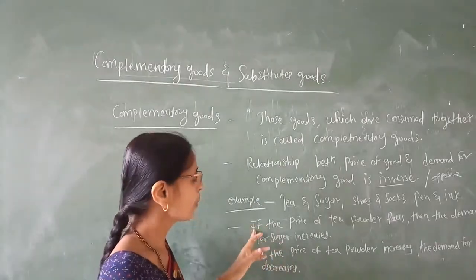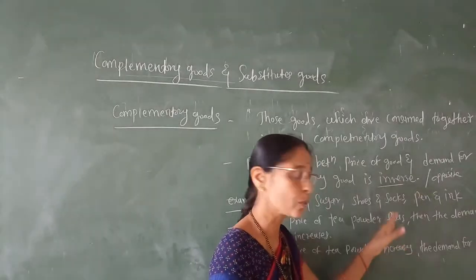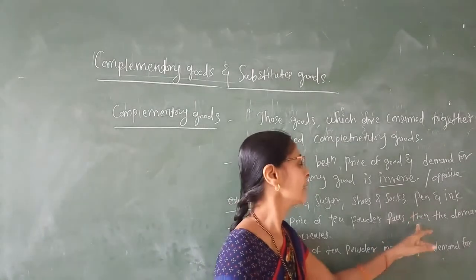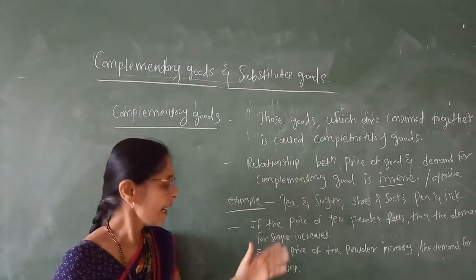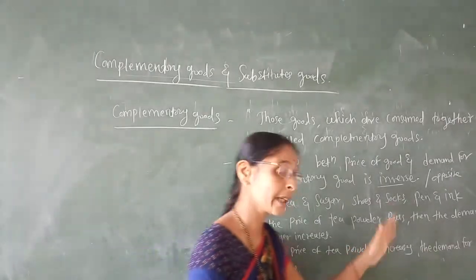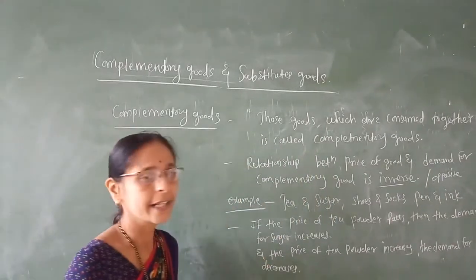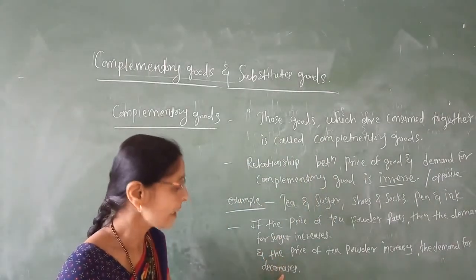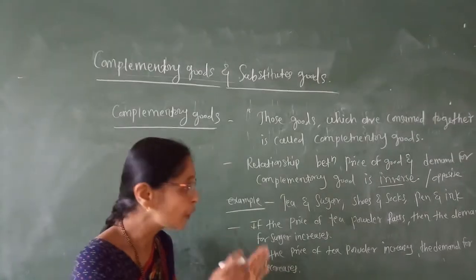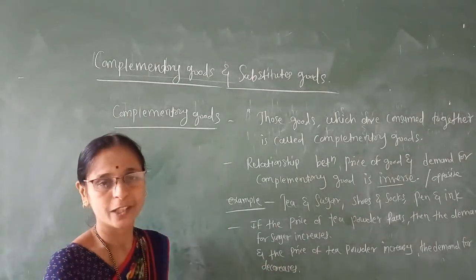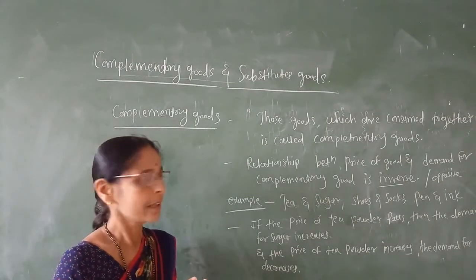For example, suppose the price of tea powder decreases or falls, then the demand for sugar increases. And if the price of tea powder increases, then demand for sugar decreases. So there is a relationship between the price of the good and the demand for the good; it is inverse, it is opposite.